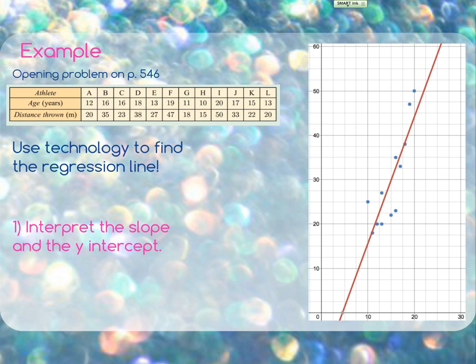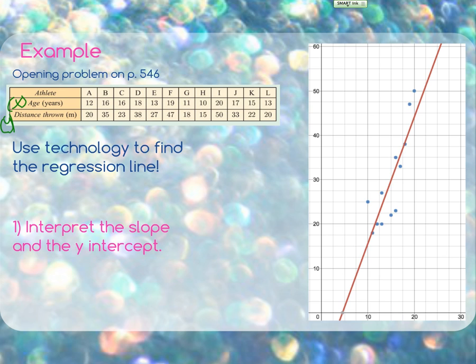Okay? So what I want you guys to do is use technology to find the regression line. So get out whatever calculator, keeping in mind that the age will be the x value or independent variable, and then the y will be the distance thrown.